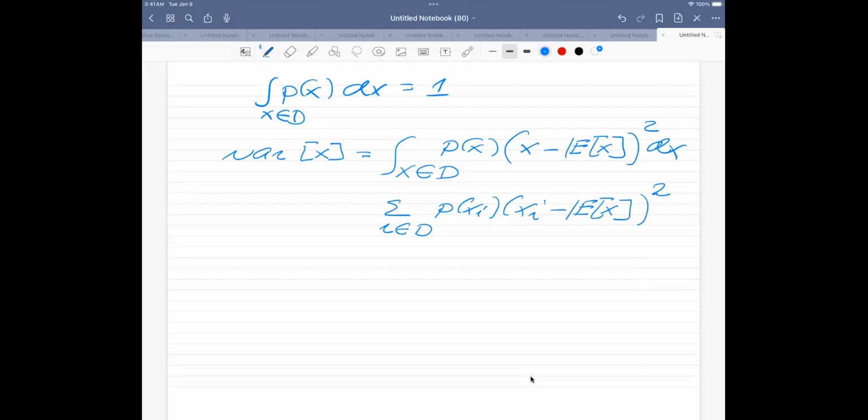Now what we end up with is the sample variance.